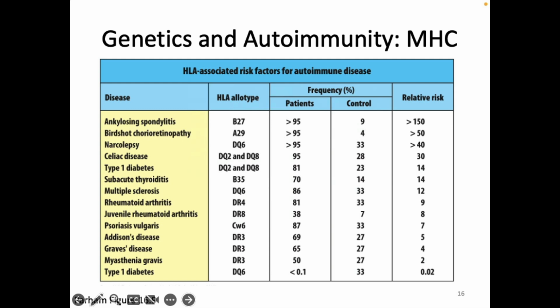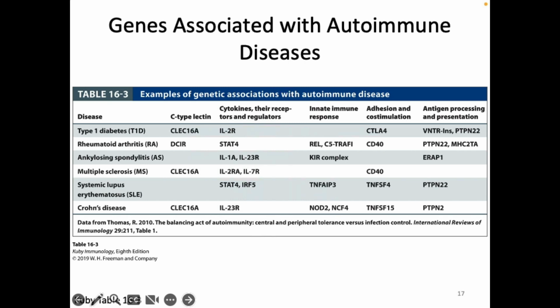There are some other genes that are associated with autoimmunity. And so you can see some of those disease associations here. You can see a bunch of different autoimmune diseases listed here, and you'll notice, for example, one big group of polymorphisms in particular genes associated with those diseases are in cytokines, cytokine receptors, cytokine signaling.